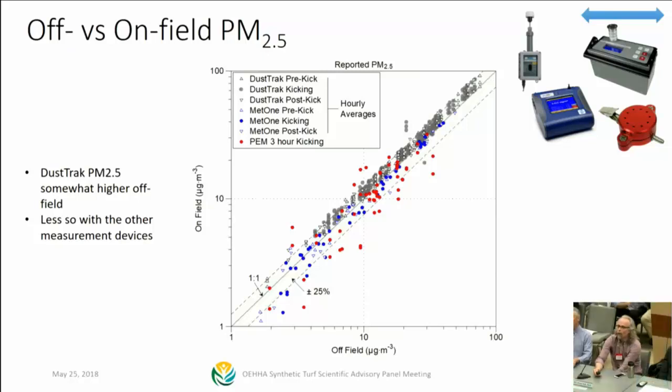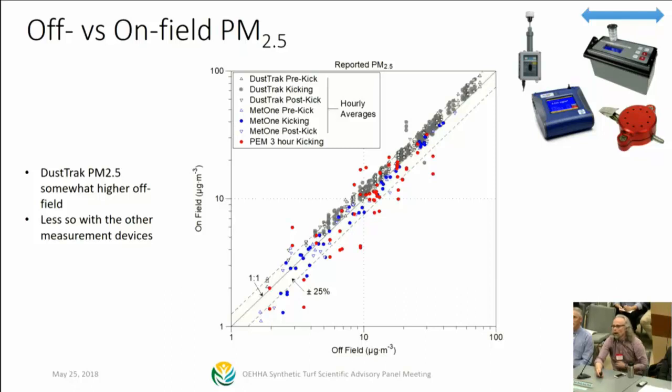I took all of the data that was available using all of my PM 2.5 instruments, and I did hourly averages on the real-time instruments. And so I had 5 different potential averaging periods. The 1 hour for the pre-kicking, the 3 different hours for the kicking activities, and then the 1 hour for the post-kicking. And I'm plotting here the off-field measurement on the x-axis, and then the on-field measurements on the y-axis.